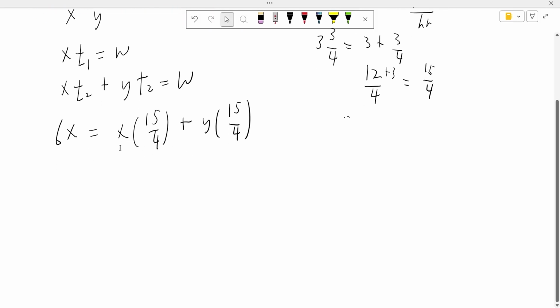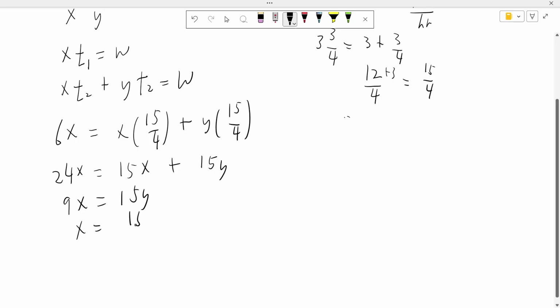We can multiply both sides by 4 to get rid of the fraction. Okay, we can take 15x to the other side, so 9x equals 15y. X is equal to 15 over 9y.